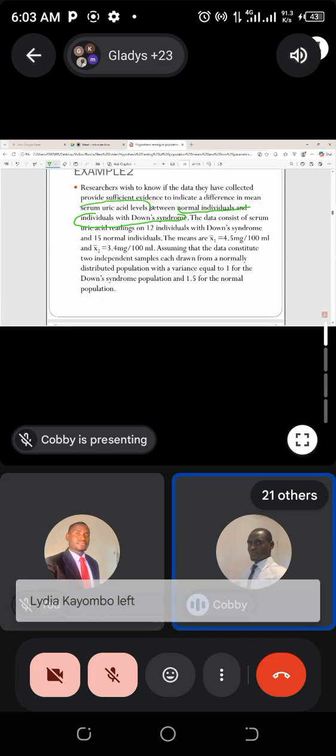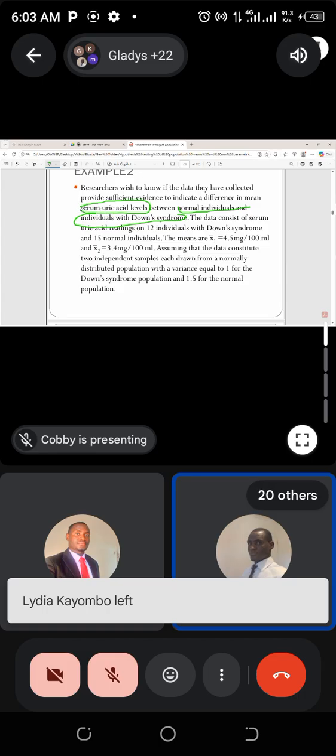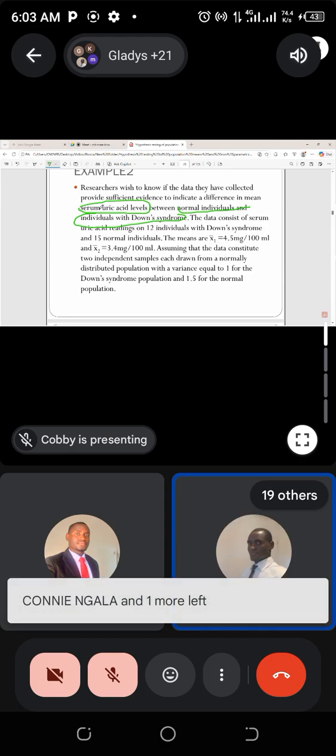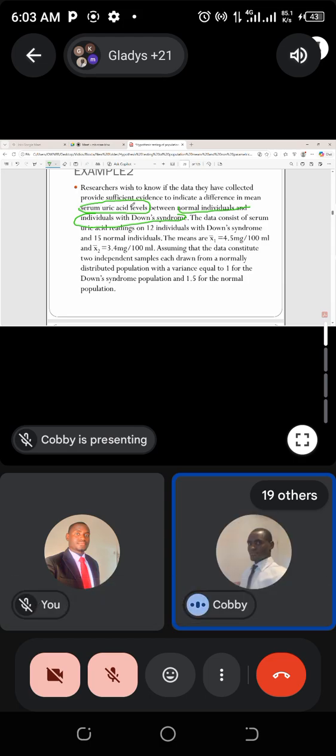Hope we have understood the question. Yes, so we are going to know if they have different uric acid levels. For now, I think we end here if there is no question.